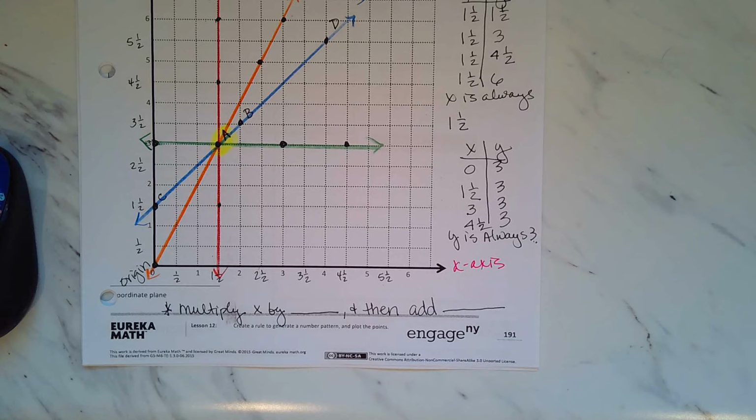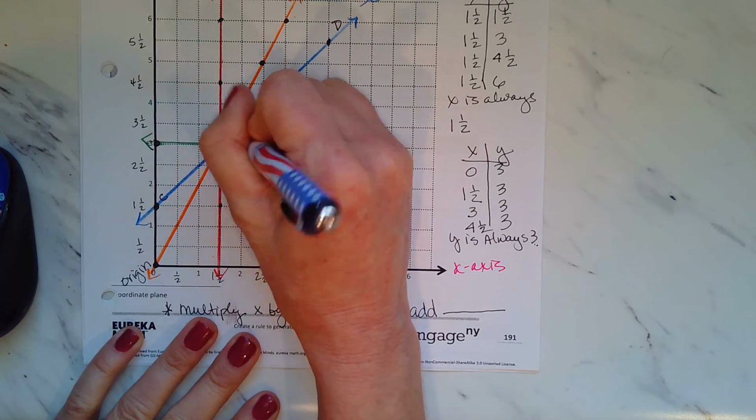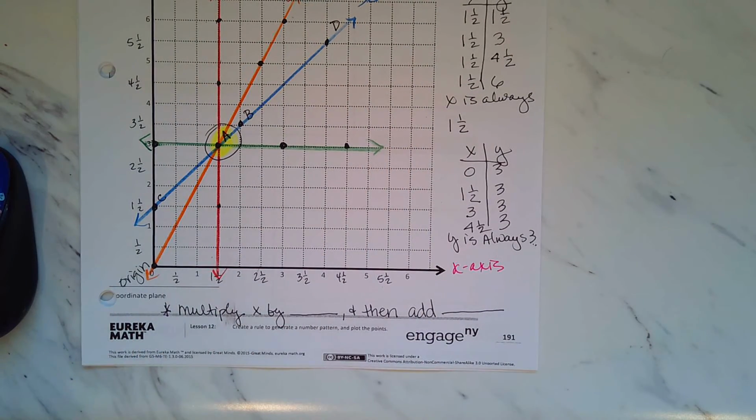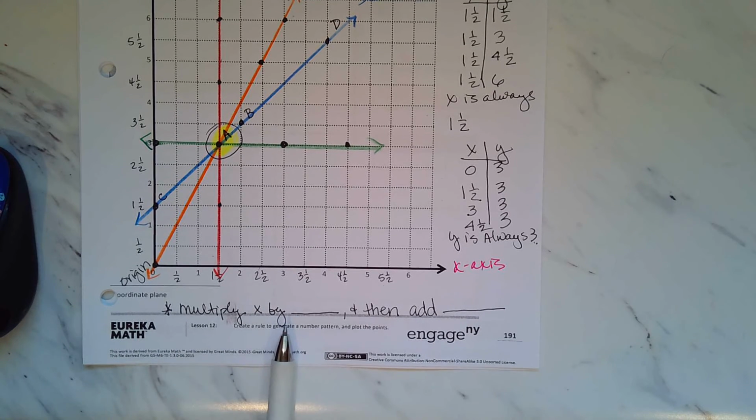So what if we started with point A that we started with before. So our sentence frame would look like: multiply x by what?